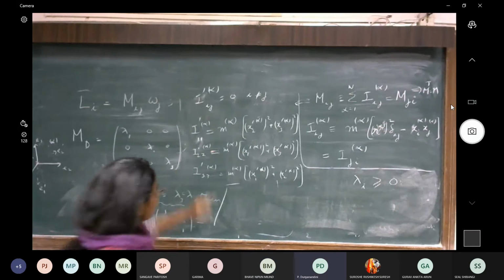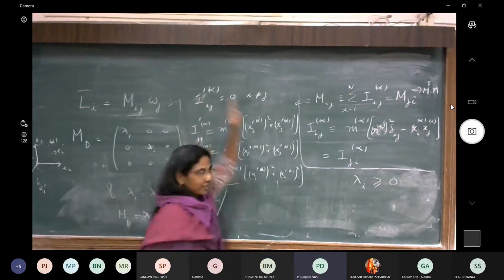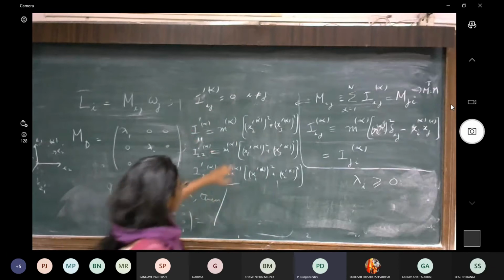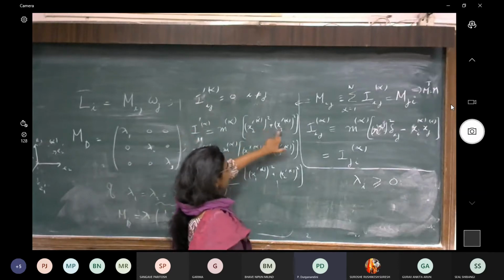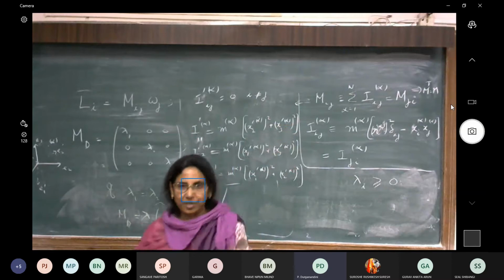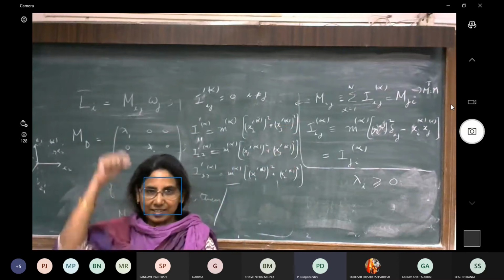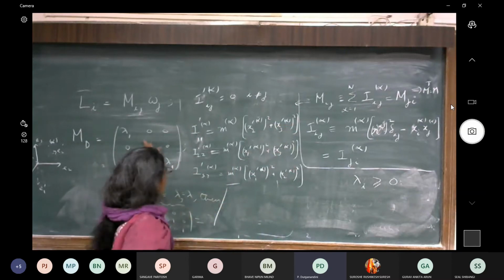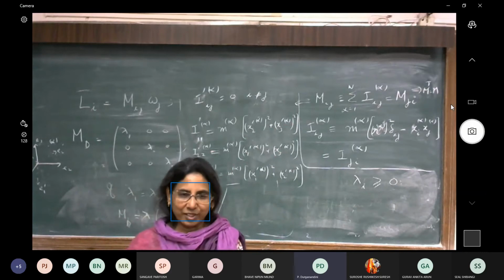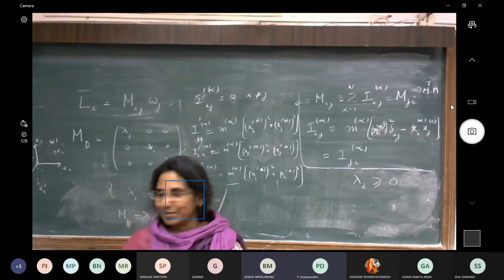That means it's not just one particle, all the particles must be on the x-axis. Only then will x2 prime alpha be identically 0 for all alphas, and similarly x3 prime alpha will be identically equal to 0. Now all the particles are on the x prime axis. What is the shape of your rigid body then? One-dimensional, linear.